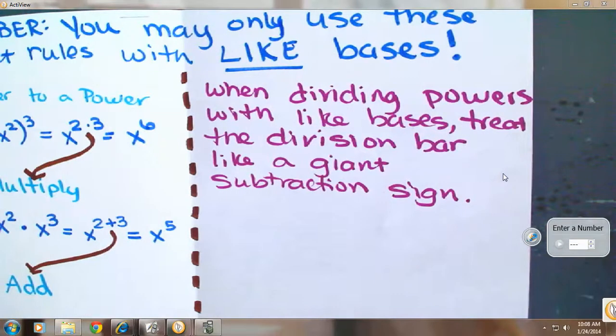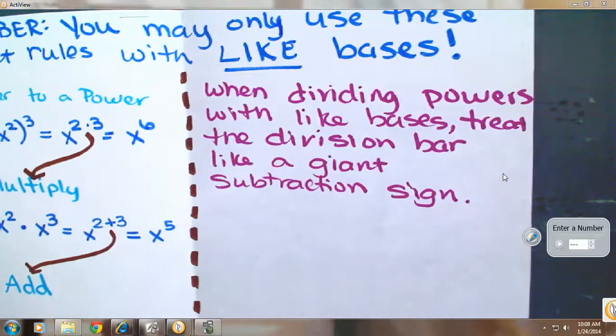So when dividing with like bases, we're going to treat the division bar like a giant subtraction sign.